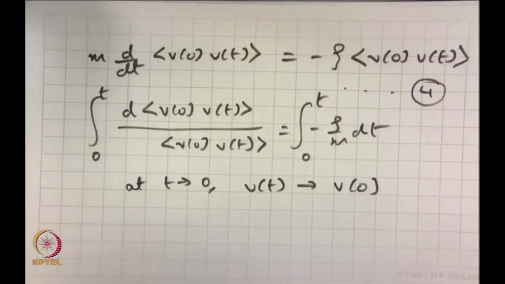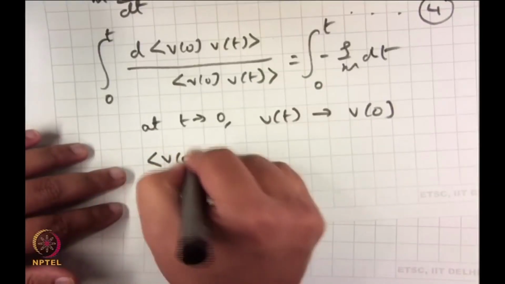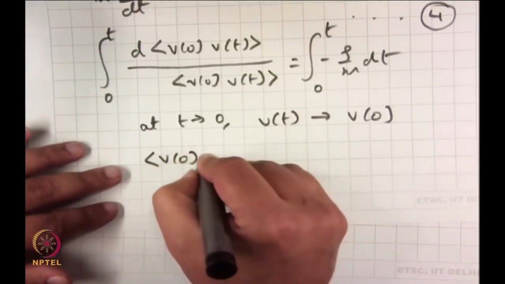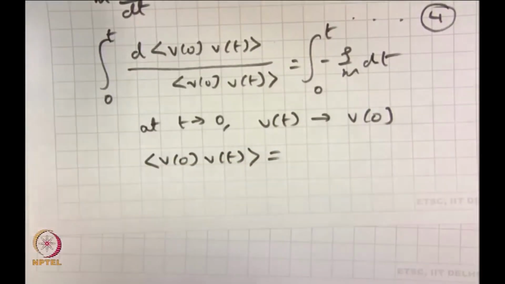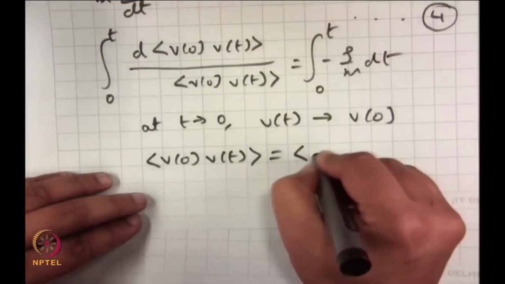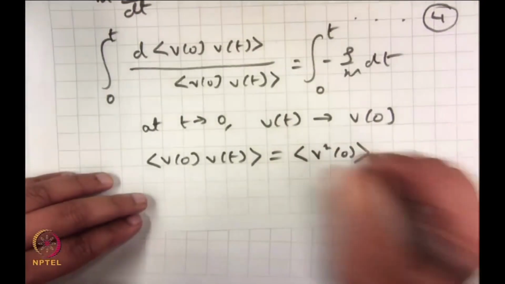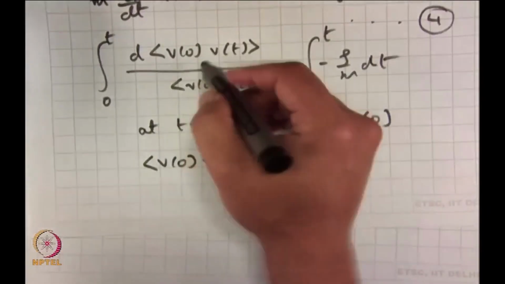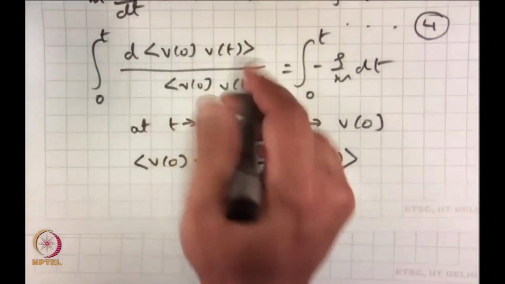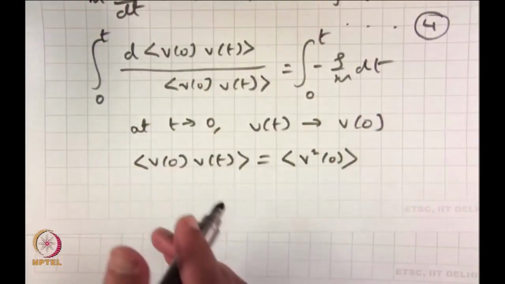So, if I do this integration, what do I come up with? This is what I come up with: V naught V(t) is equal to, tell me what is the first factor. If you take the ensemble of V0 V(t) to be x, this is dx over x.